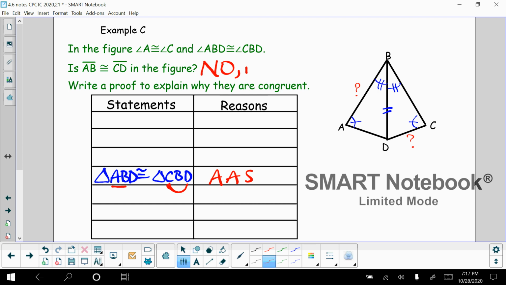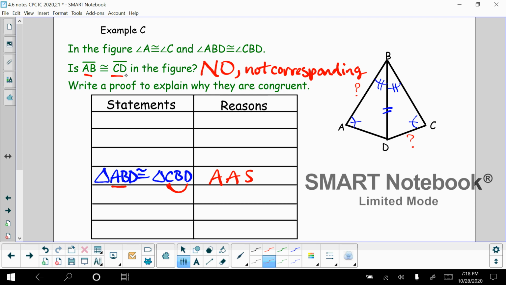So you can say no, they're not corresponding. So even though we have congruent triangles, you don't want to waste time writing out a proof because it's not going to help us explain why this would be congruent to this, because in fact they're not in corresponding parts or corresponding positions.